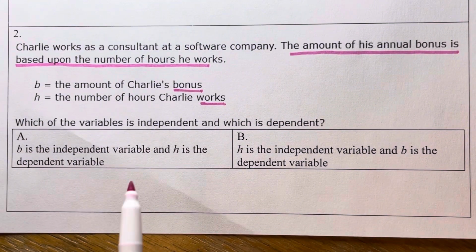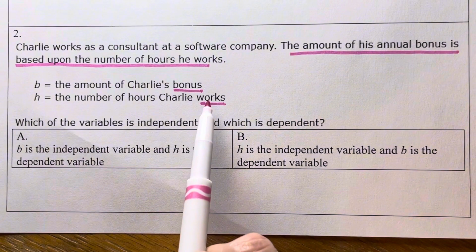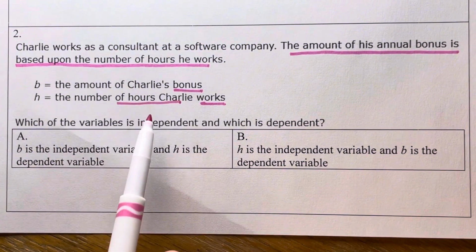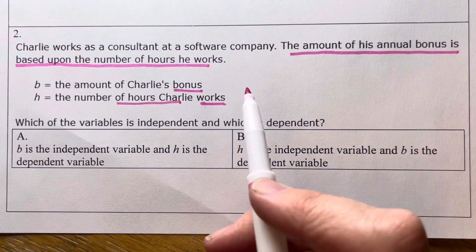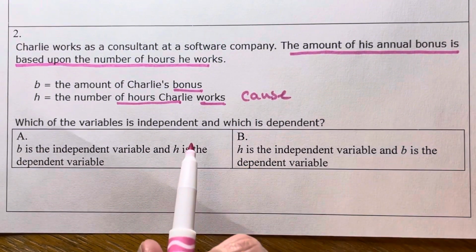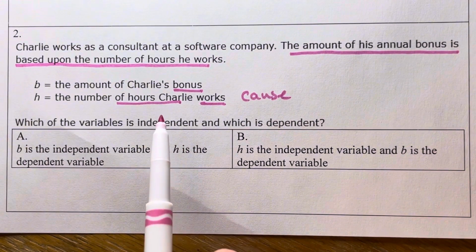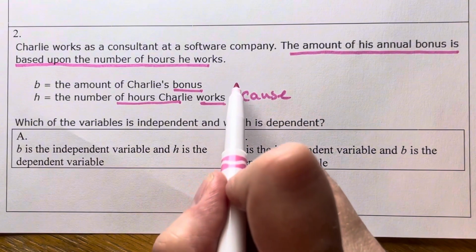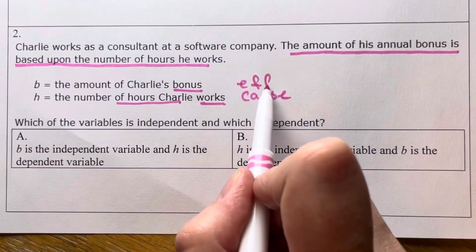Let's see. So in most of our real-world situations, the number of hours that you work, that is the cause. It is the driving force. It is what makes money happen. Therefore, the bonus, that is the effect.